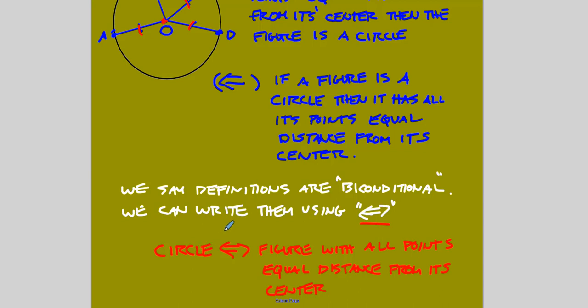We say IFF, which stands for if and only if. So I could read this as: a figure is a circle if and only if all its points are equal distance from its center. Okay? So if and only if means biconditional, means the statement reads true in both directions.